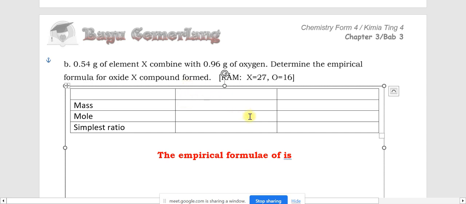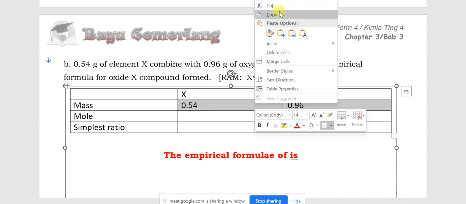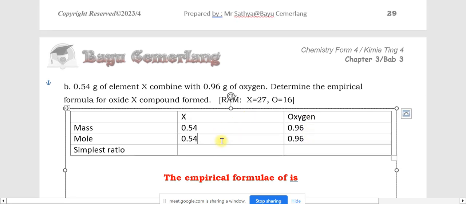Now element X, we don't know it. So we just say X. It combined with oxygen, O. The masses are 0.54 and 0.96. Now we divide. 0.54 you divide by 27, which is equal to 0.02 mole.